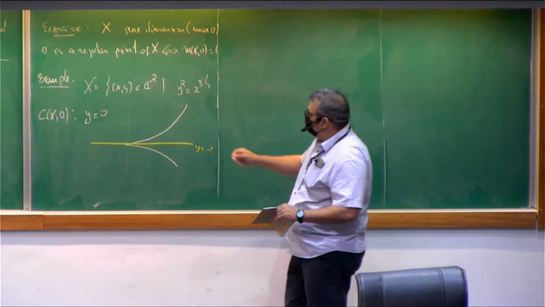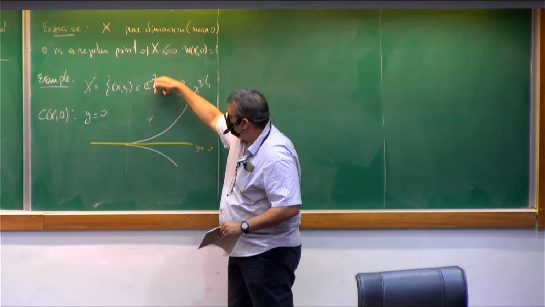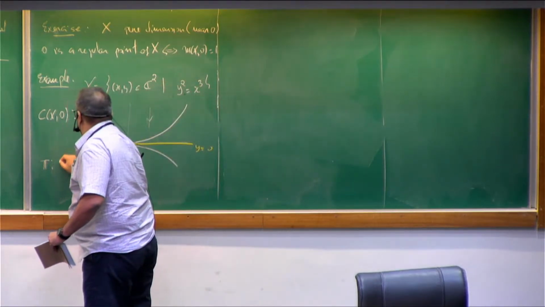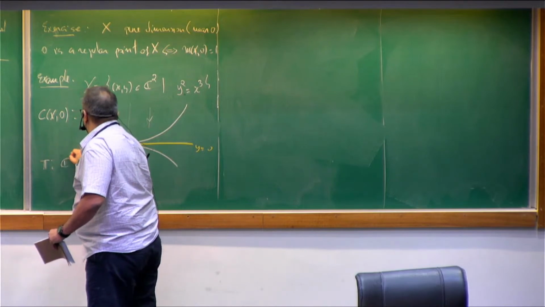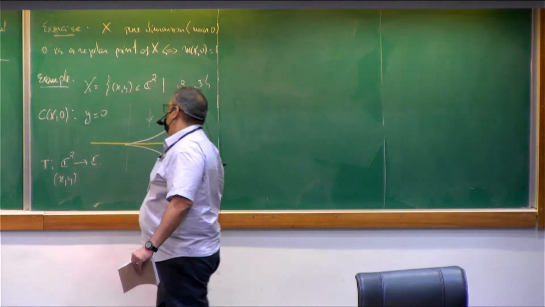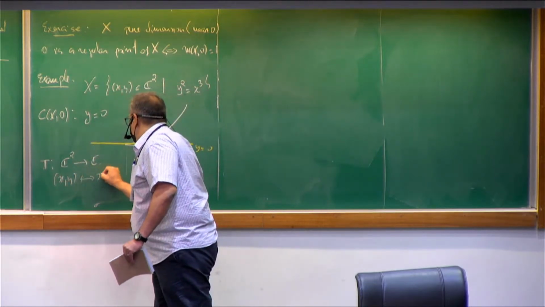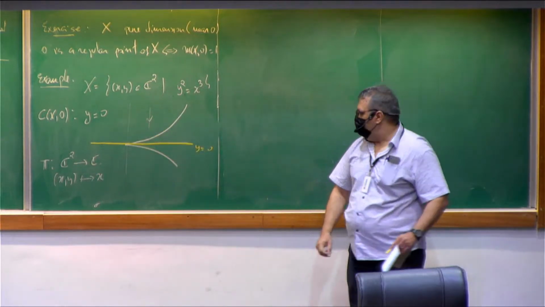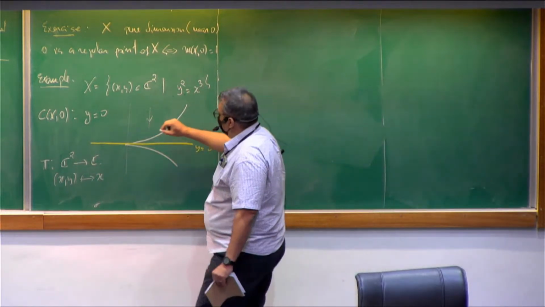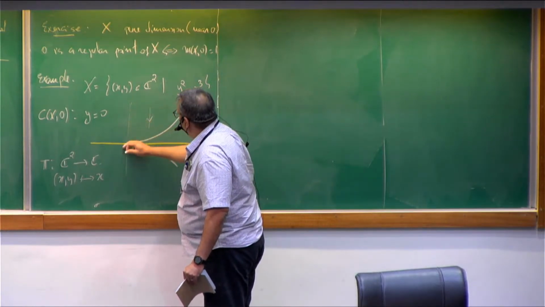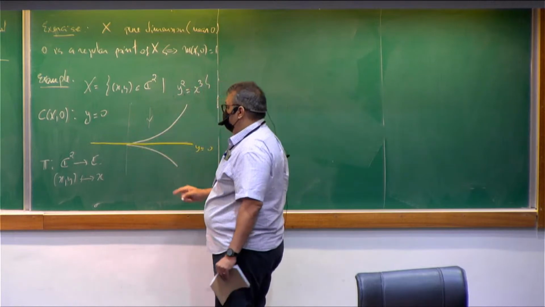So if you take this projection from C^2 to C, you take (x, y) and project on x. This is generic in that sense, because there is no vertical vector tangent to my set.